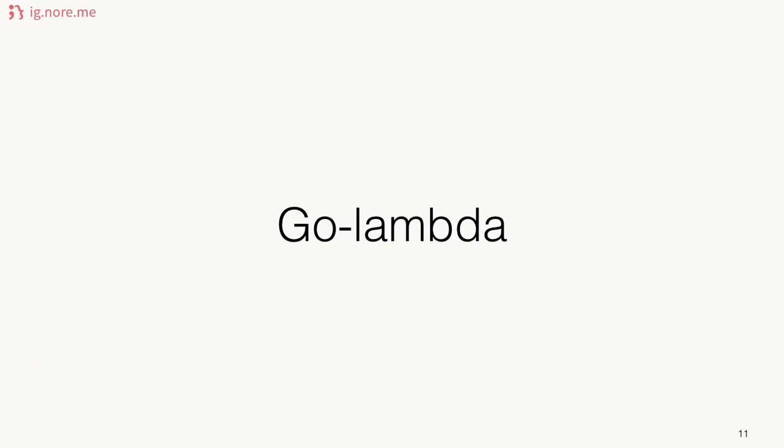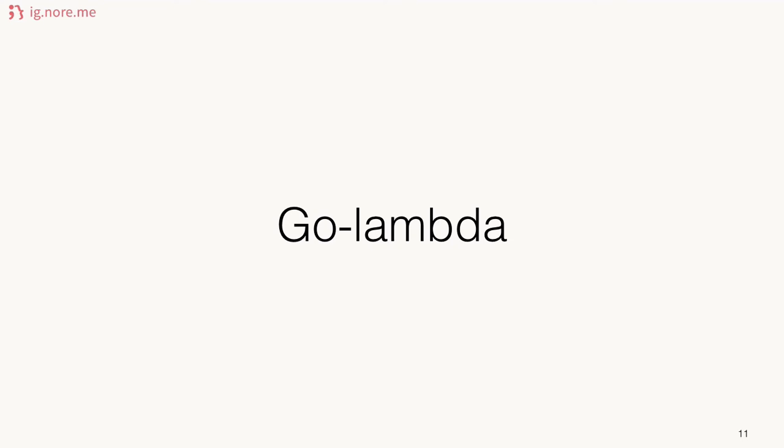So instead, let's now talk a bit about how to make this actually work. The main issue, of course, as mentioned, was to make Go run on Lambda. There are solutions for this though, and I decided to have a look at a couple of projects to see if they would help. The first one I investigated was called Go Lambda.